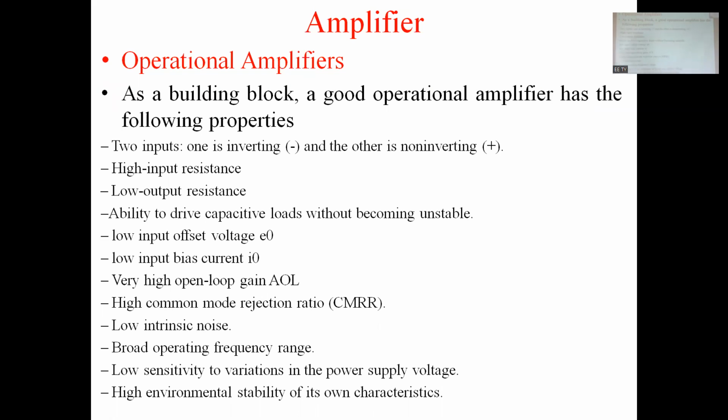If the power supply voltage varies, the output gain should not be affected much. And high environmental stability of its own characteristics. So these are some of the properties of a good operational amplifier or good op-amp.